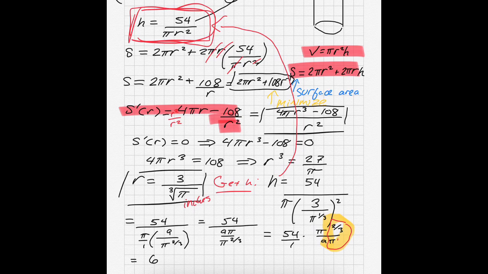So 1 minus 2/3 leaves me with a third, and the bigger power is in the bottom, so it stays in the bottom. So it'd be 6 over the cube root of pi would be my height.